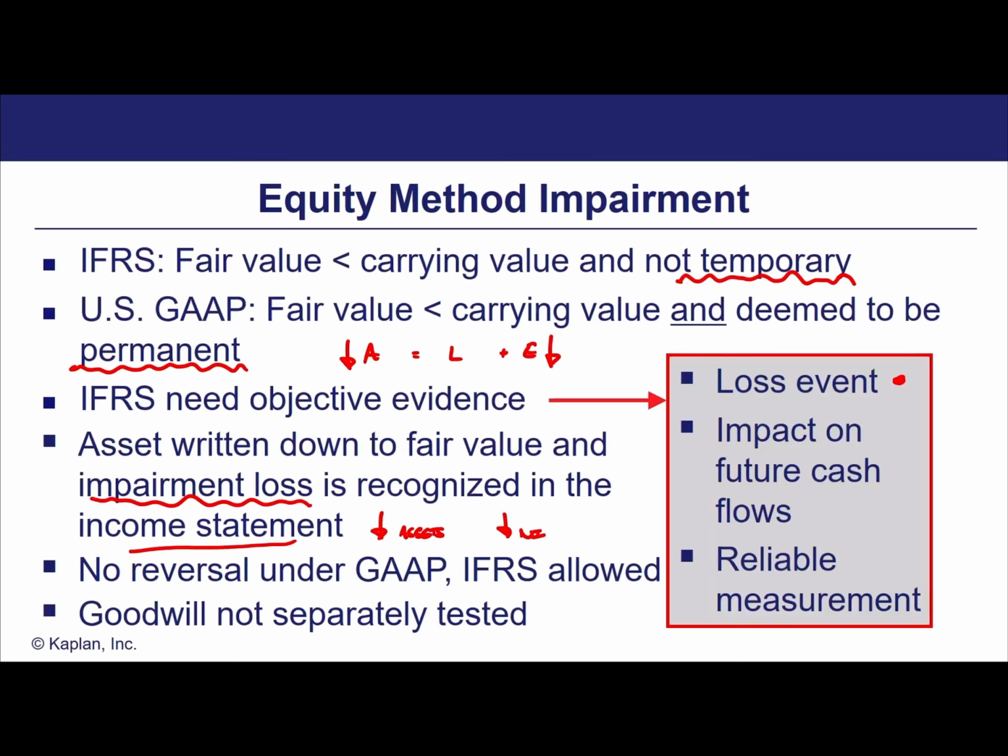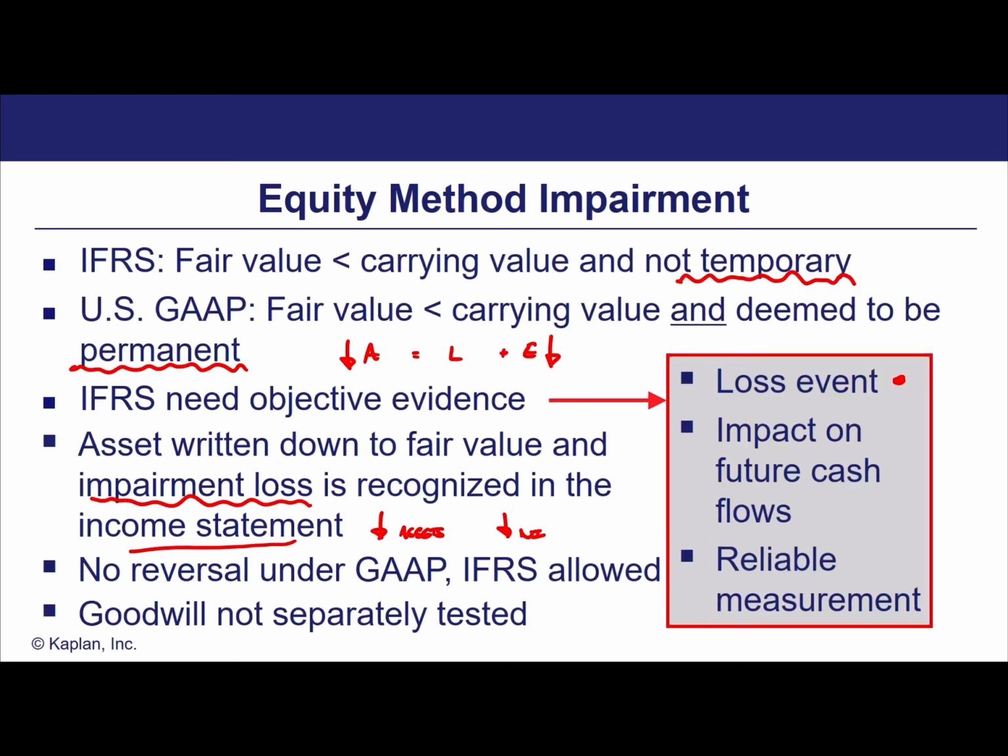Asset falls by the impairment. Equity also falls by the impairment via net income impacting retained earnings. Now again, big difference between US GAAP and IFRS. Notice what happens if fair value recovers in a future period. What happens if fair value goes above that original carrying value?